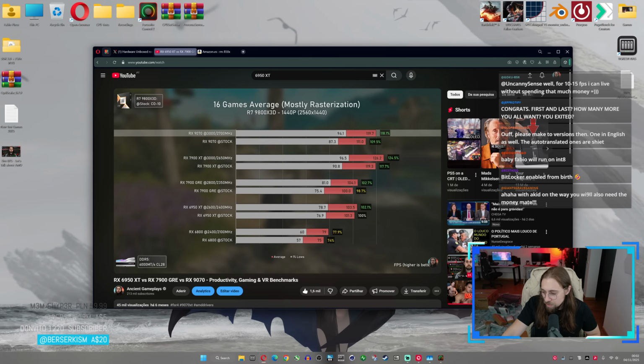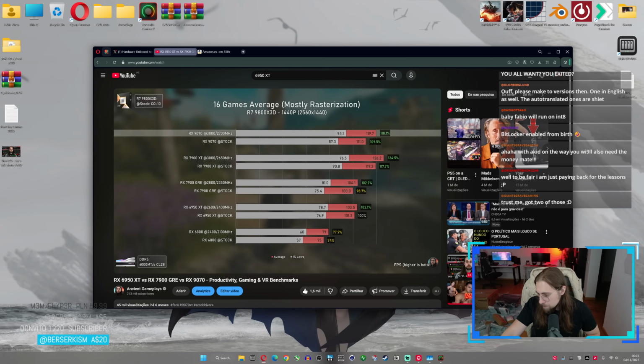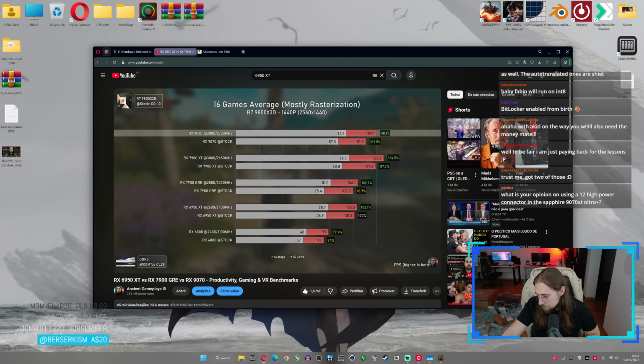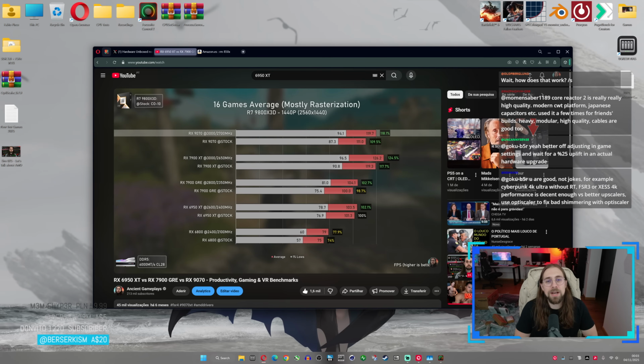Well, for 10-15 FPS, I can live without spending that much money, definitely. With a kid on the way, you also need the money. Yes. Yeah, kids are expensive, but they are also one of the best things in the world. Thanks for keeping your feet to the ground. Keep it up. Thank you very much for the kind words.